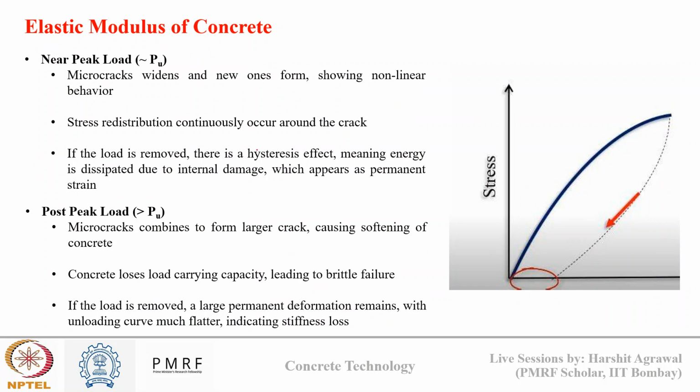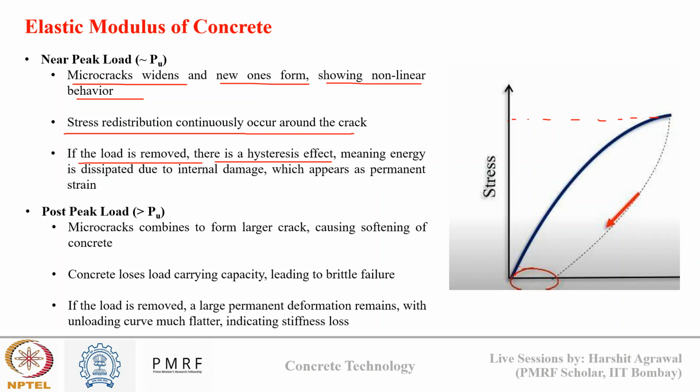Now, if I go to a stress level near the ultimate load, what will happen? The microcracks will widen and new ones will form, which will show non-linear behavior. Stress redistribution will continuously occur around the crack, and if the load is removed, there is a hysteresis effect, meaning that energy is dissipated due to internal damage, which will appear as a permanent strain.